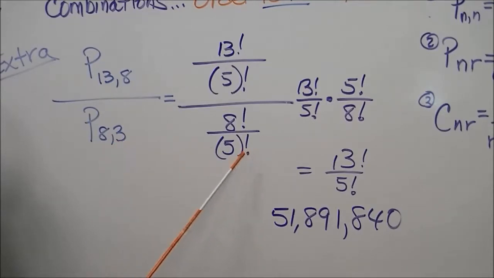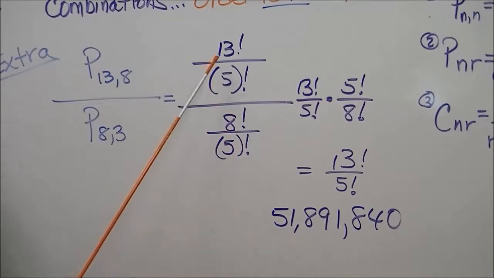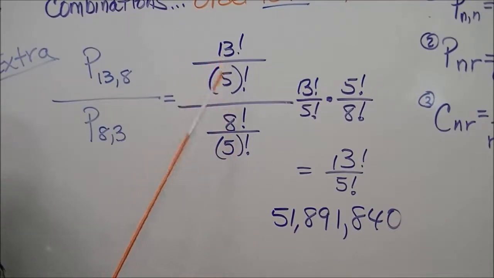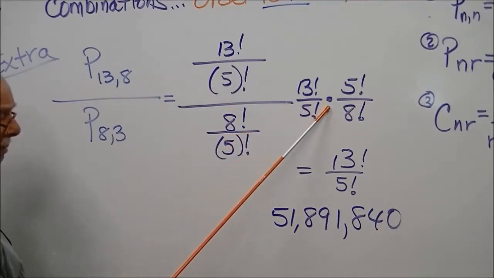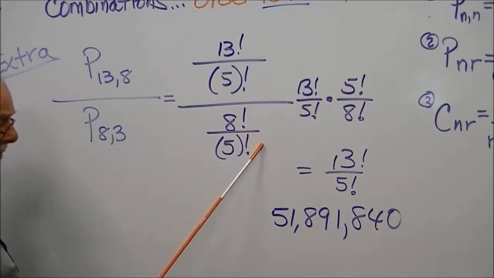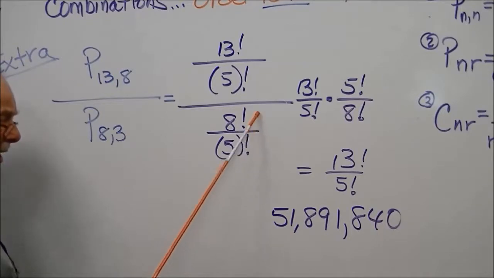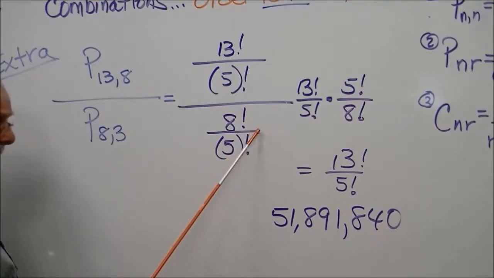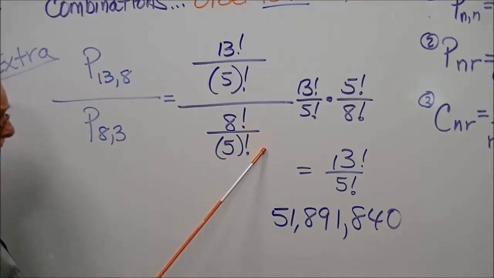So 5 factorial. Now, this is a fraction divided by a fraction. And the technique to do this is you convert it from a division problem to a multiplication problem by taking this second item and flipping it. That is, take the reciprocal of this.